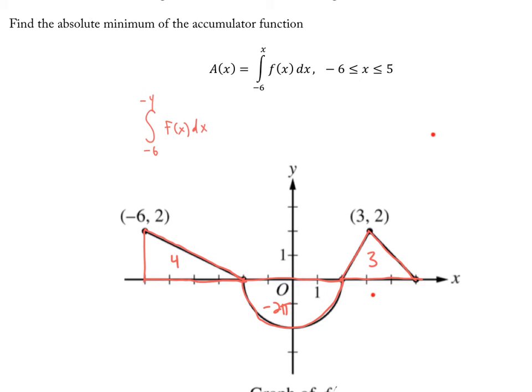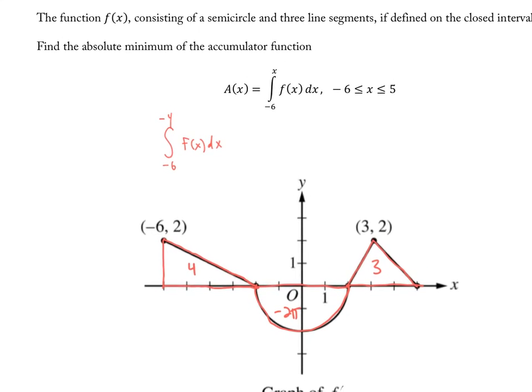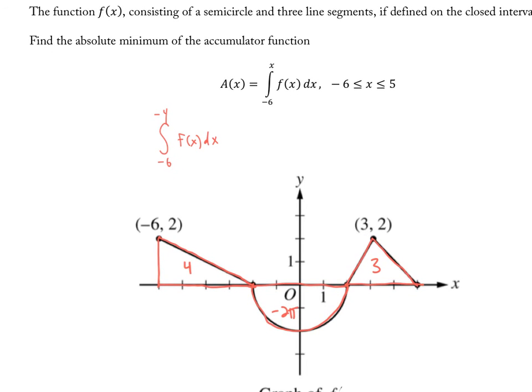And so they're wondering, find the absolute minimum for any value of x that you plug in. Each value of x gives you the area from negative 6 to that x value. If we want the minimum, first off, if x was negative 6, then the area from negative 6 to negative 6 is 0.